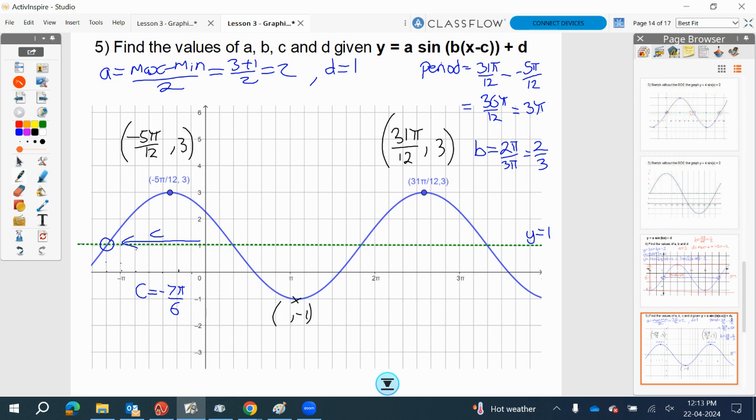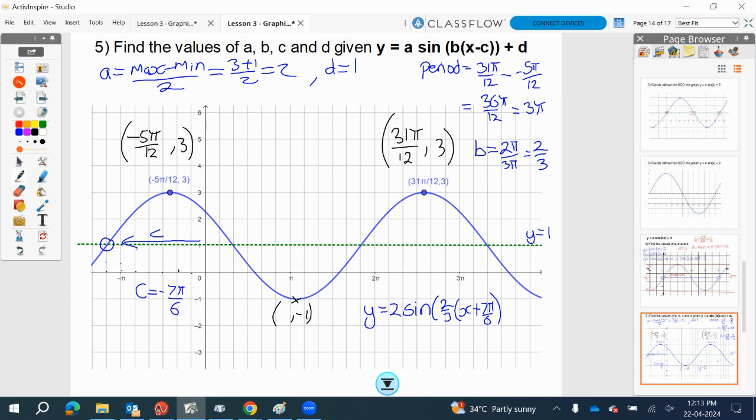So we can write this function as y equals 2 sine 2 over 3 bracket x minus minus, which gives us plus 7 pi over 6.